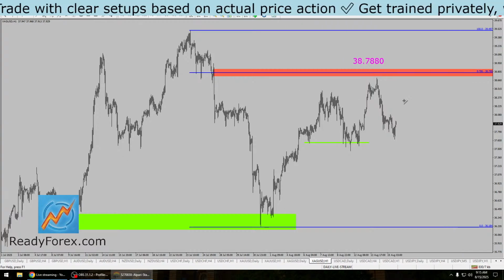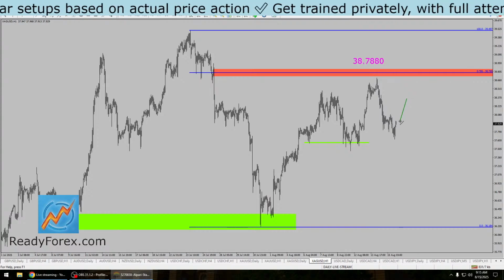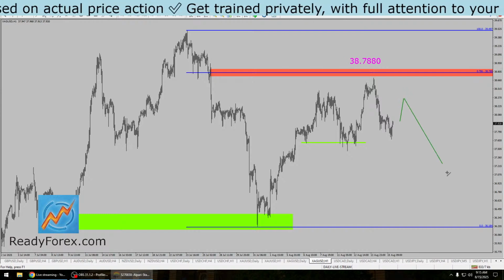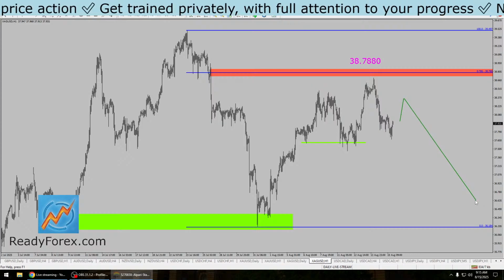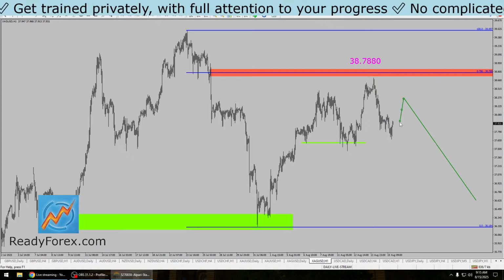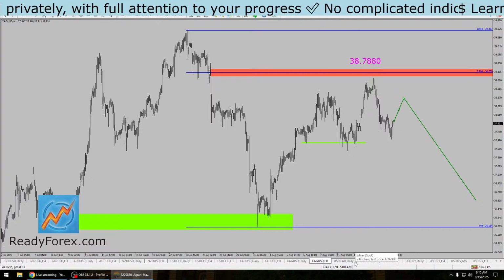Okay, so we might get a bullish leg over here first, and then price action is going to drop more inside XAGUSD pair. Okay, so this one looks quite possible.